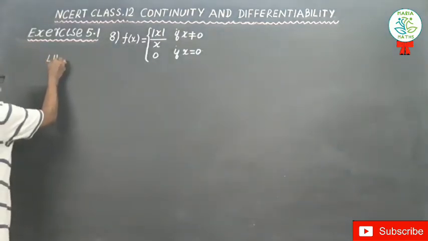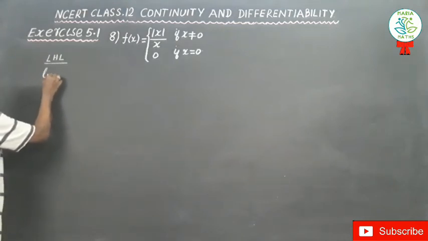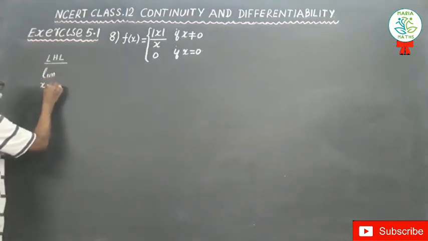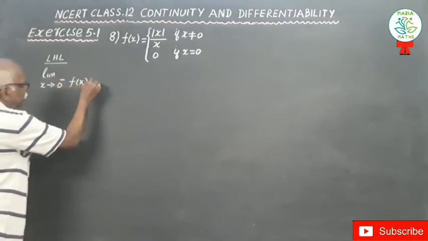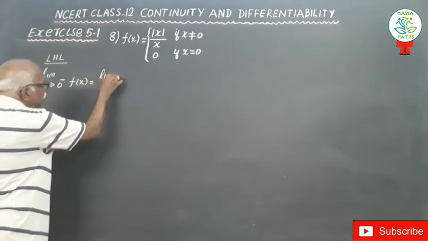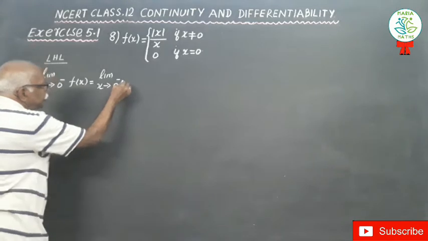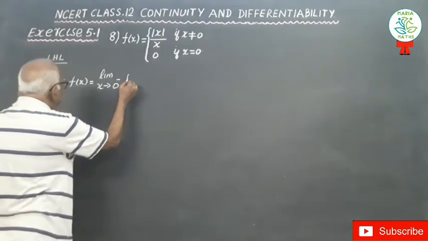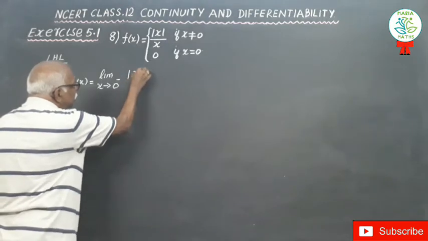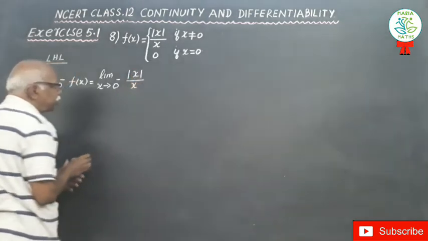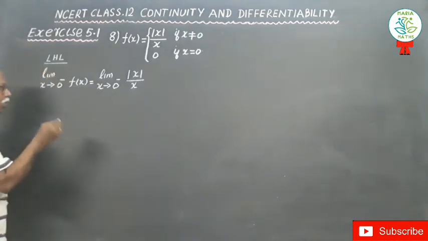LHL. Limit x tends to 0 minus f of x is equal to limit x tends to 0 minus modulus x by x. இப்போ நம்ம வந்து x வந்து 0 minus h ன்னு அசீவ் பண்ணணும்.